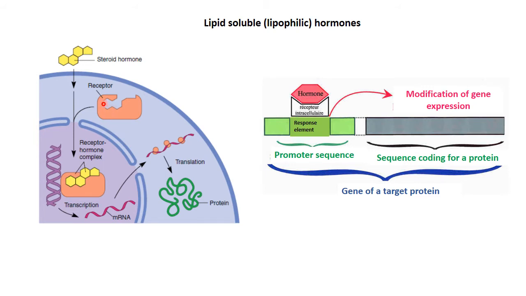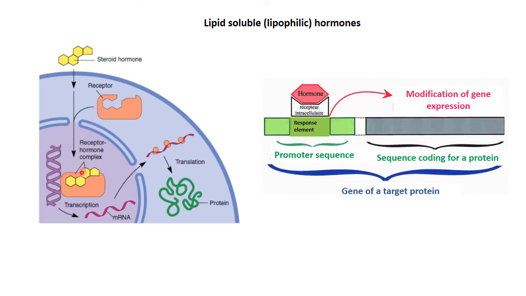So the ligand binding domain of the receptor will be specific to the hormone, and the hormone can bind to its specific receptor at this ligand binding domain. Once this hormone is bound to its receptor, we will have a hormone receptor complex, and this hormone receptor complex will migrate to the nucleus.